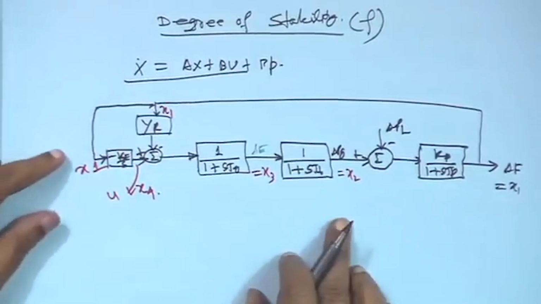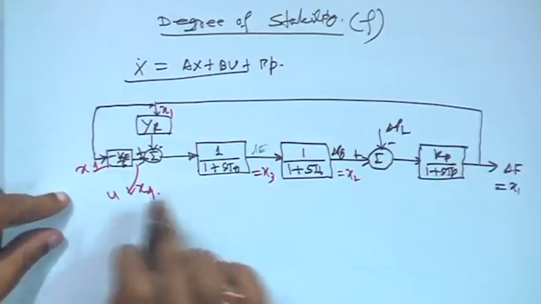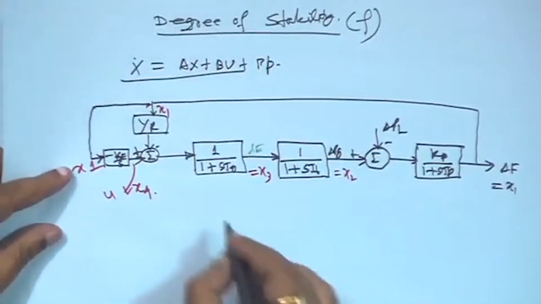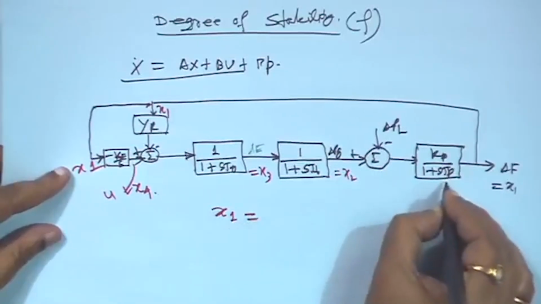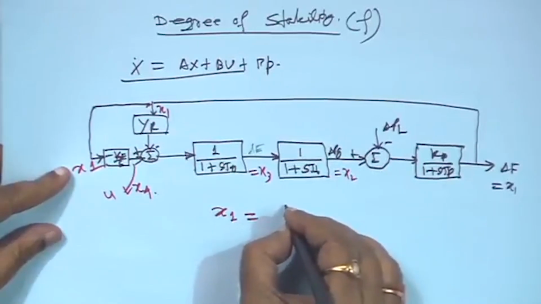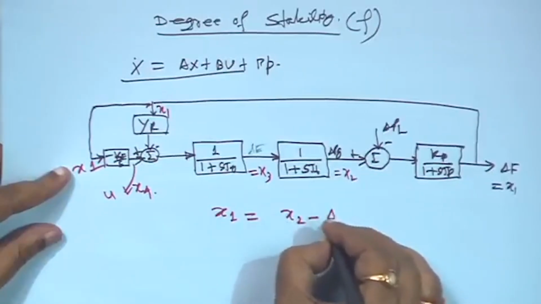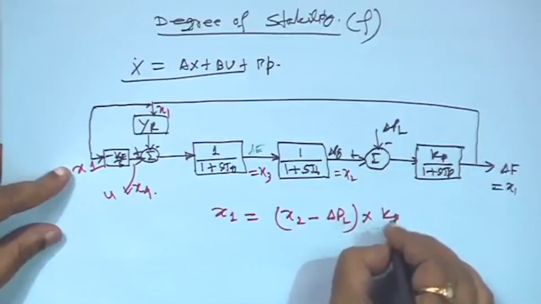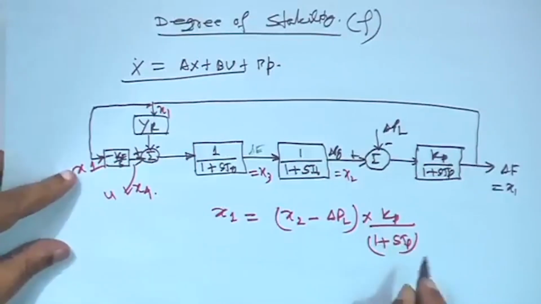Now, we will write down the state variable equations for x1, x2, x3, x4, and I will show you what the degree of stability is; you will find things very interesting. In this case, from this block diagram, x1 is equal to x2 minus delta PL into Kp upon 1 plus sTP.